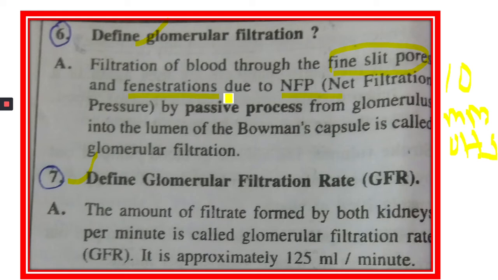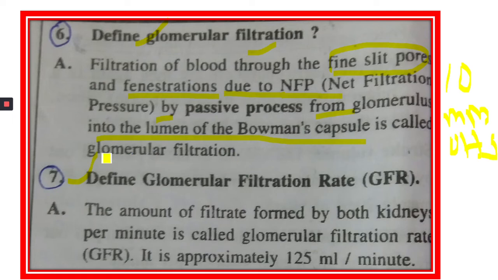What kind of process is this? A passive process, occurring through fine slit pores and fenestrations. It is occurring due to net filtration pressure. From where to where? From the glomerulus into the lumen of the Bowman's capsule. What do we call this filtration? This is called glomerular filtration.